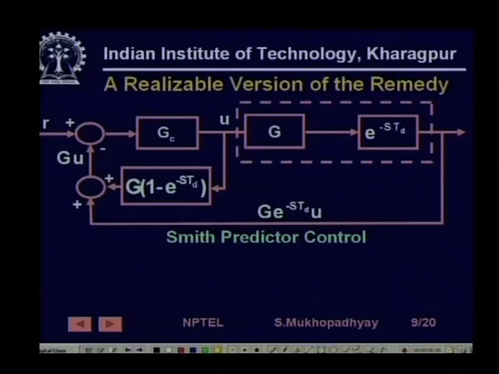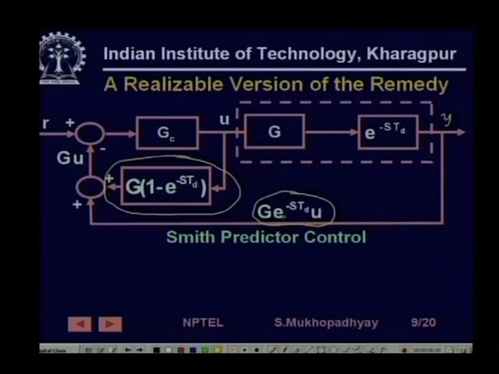So, you see I am giving the original feedback which I was giving, normal feedback, and apart from that I am giving an additional feedback. So, what is this? Typically speaking, in the ideal setting, y is equal to g into e to the power minus s td into u, correct.